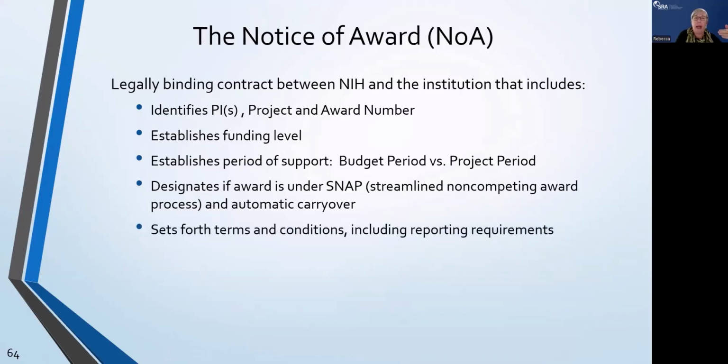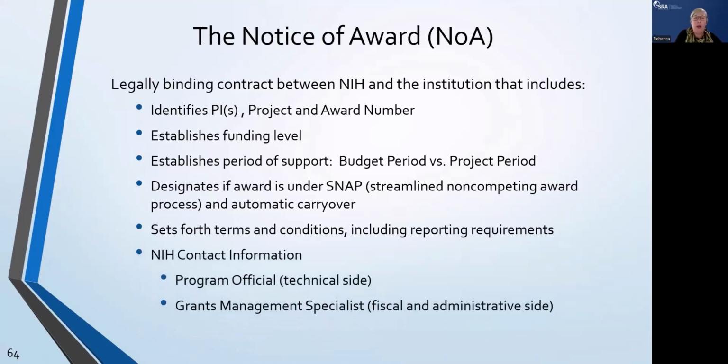I remember back in the day where each year, if you wanted to carry money over from one year to the next, you had to ask. Again, all the terms and conditions, any reporting requirements are laid out, as well as contact information. Although because NIH routinely shuffles their portfolios, it's always good to look in the Commons and see who the current program officers are. Program officers don't change, but grants management specialists will change a lot.